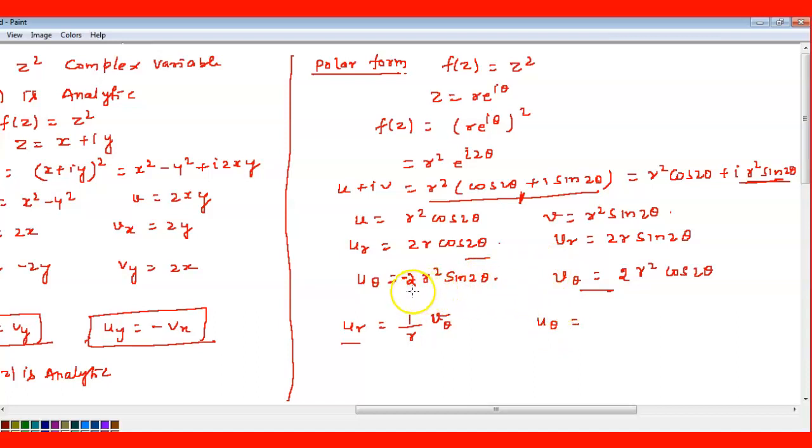So for u theta I have to divide with r. So 1 by r of u theta is equal to minus of v r, right? Also you can write here u theta is equal to minus r into v r. Getting? If you cross multiply, you will get it same only, no? So if you multiply here r, we'll get 2r square sine of 2 theta. Both will come same only. Any doubt till here?